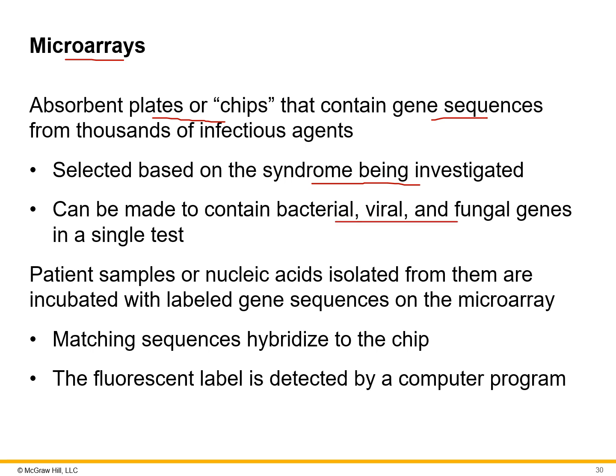You add one sample to it, and it allows the detection of multiple microbes all at one time. So that patient sample where the nucleic acid is isolated and incubated, then the sequencing is labeled on that. So again, if they match, they would hybridize or bind, and then those fluorescent labels, just like with the FISH, would light up and be able to identify them.